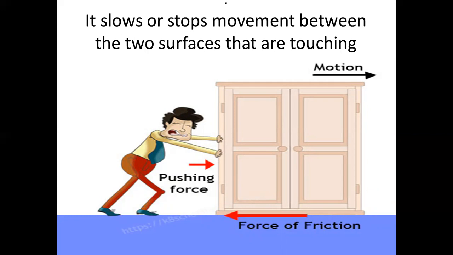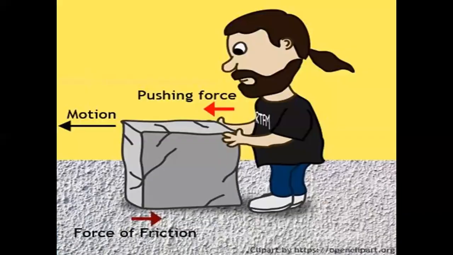And if the friction force here is acting to the right side, then the pushing force or the motion will act to the left side. The friction acts to slow down and stop the motion of any object.